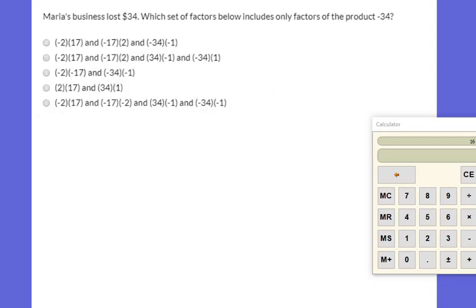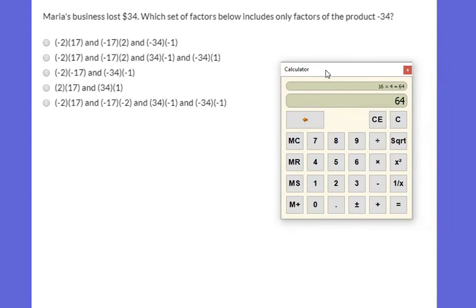Okay, let's try another. Maria's business lost $34. Which set of factors below include only factors of the product negative 34? Okay, 2 times 17, or negative 2 times 17. Double check that 17 times 2 does give you 34.